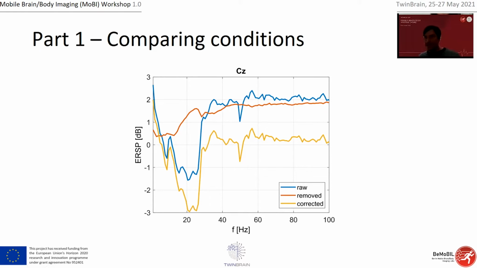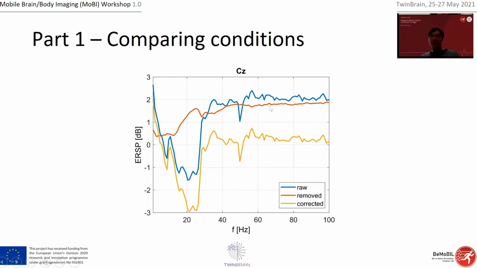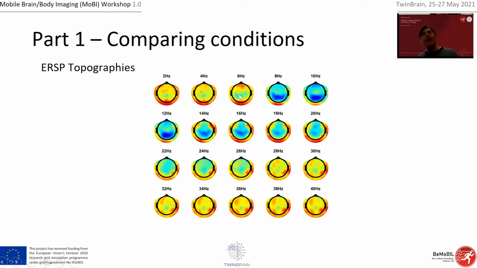Does that make sense? In terms of topographies, what I showed here is just one electrode so far, just Cz, but I can do that for all electrodes, and that is exactly what I do. What I'm showing here is not voltage, these are power ratios.